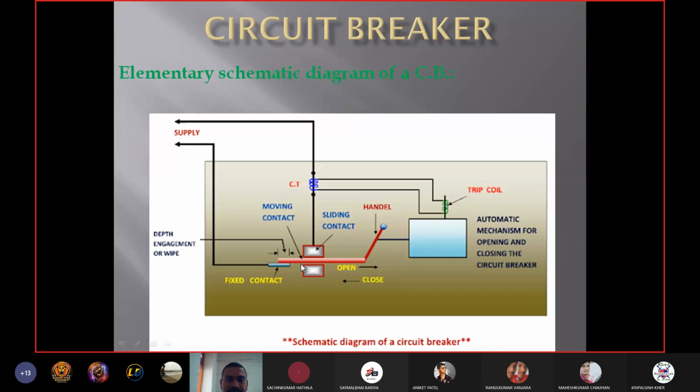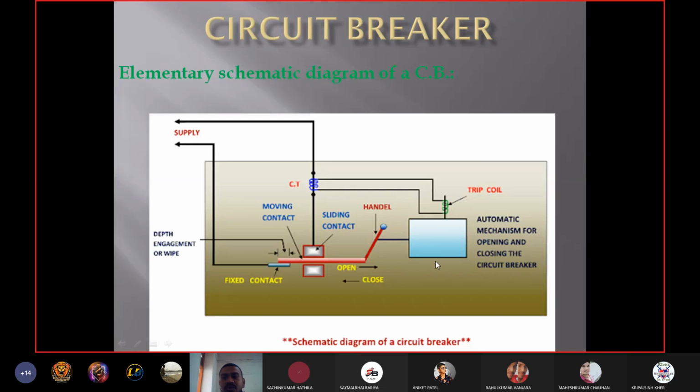So now this pink contact, that is the moving contact, slides under the sliding contact towards the right direction. And it slides until the disconnection between the fixed contact and the moving contact.